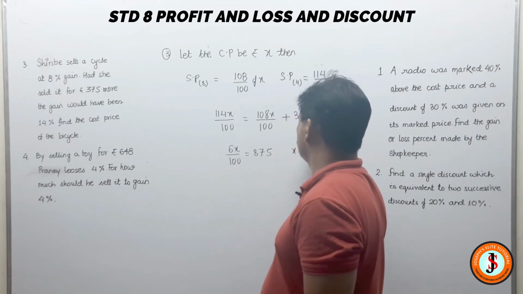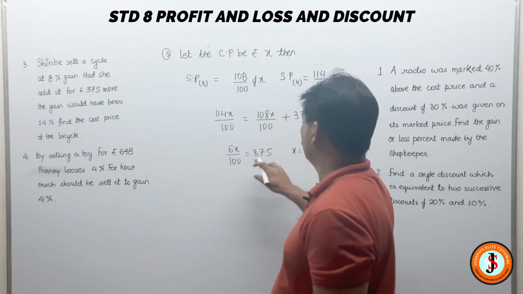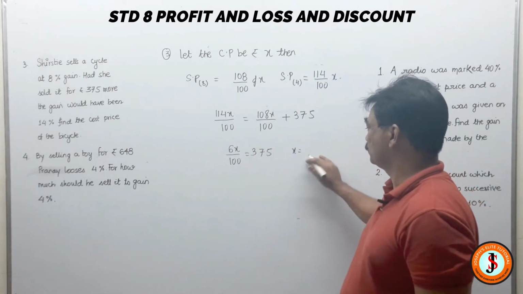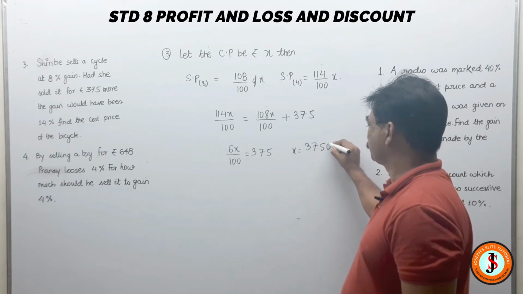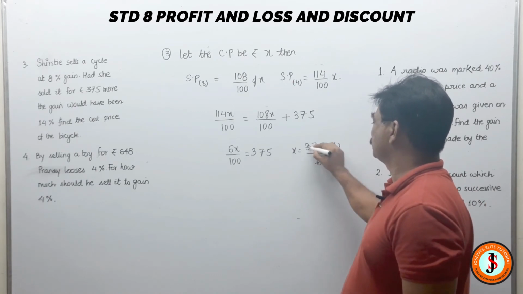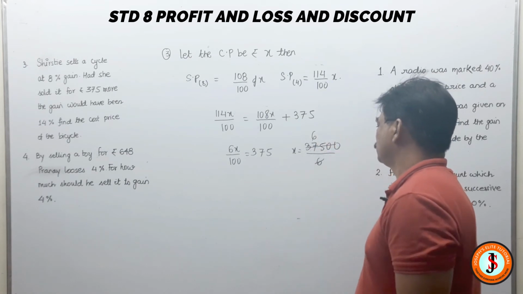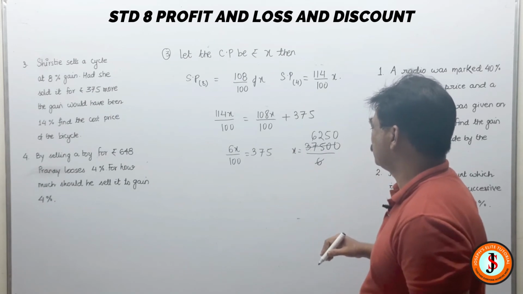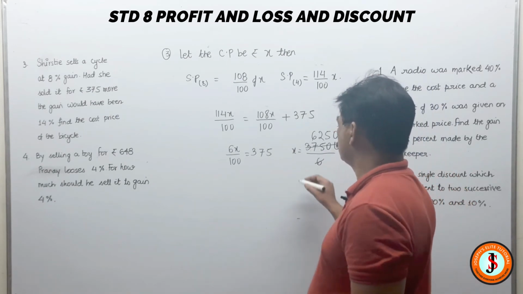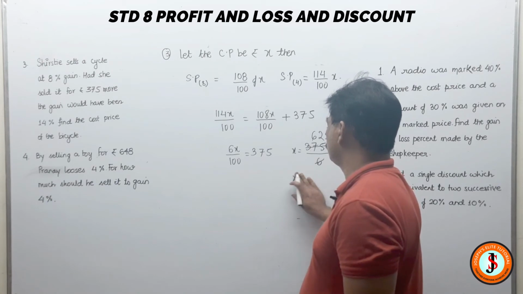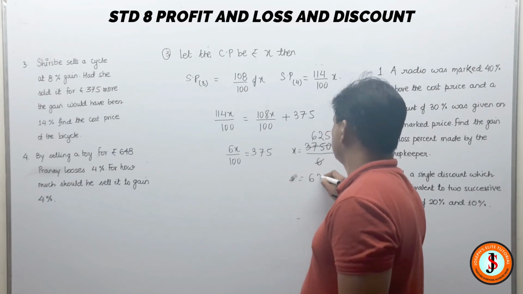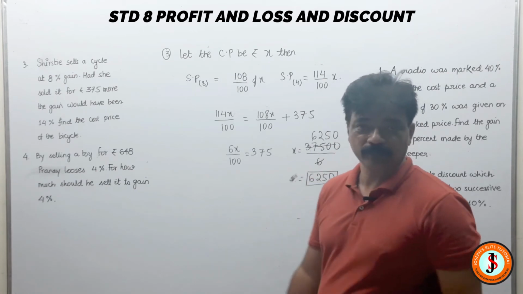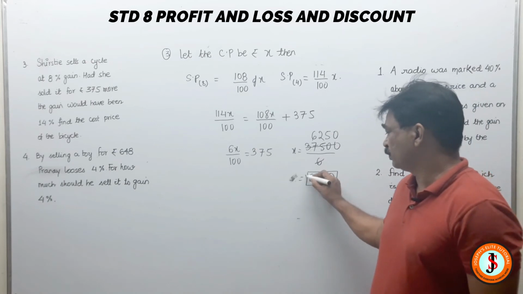So x is equal to 37500 by 6. 6 6s are 36, 6 2s are 12, 6 5s are 30. So the CP will be rupees 6250. Did you understand?